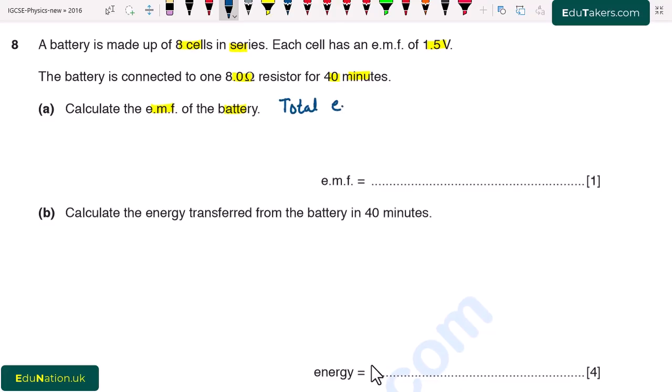Total EMF of battery will be equal to total number of cells multiplied by the EMF of each cell.